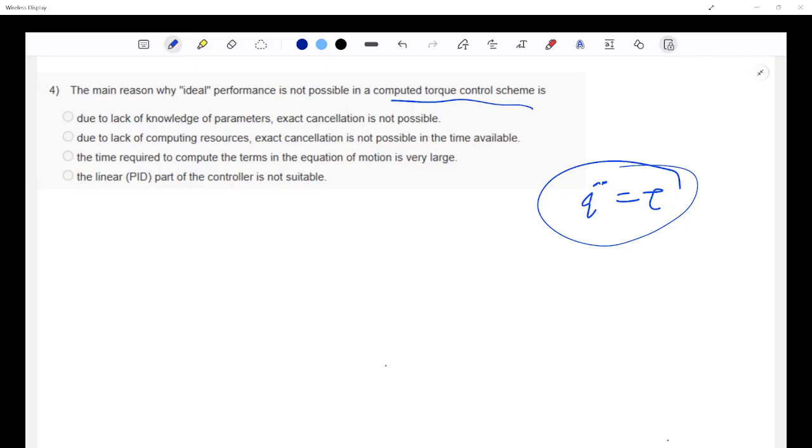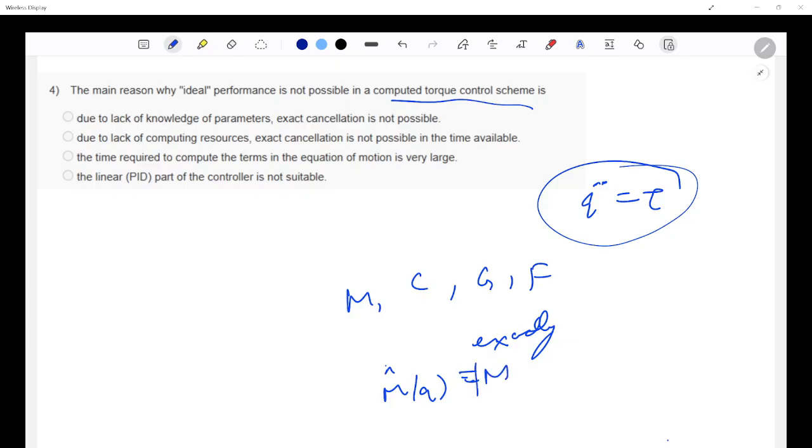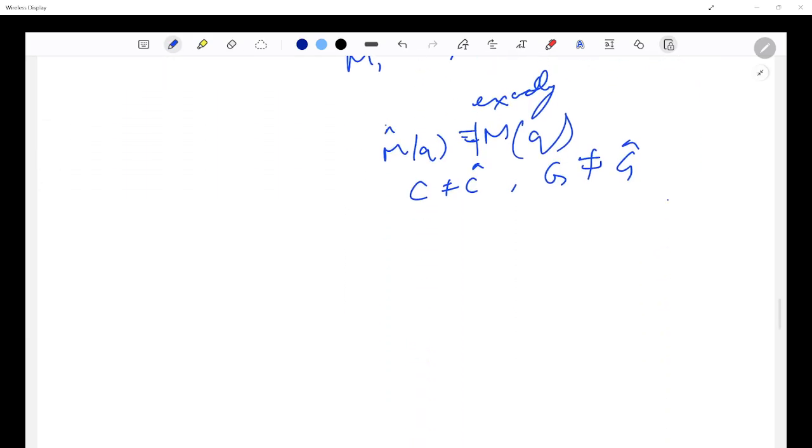But this requires the M, C, G and F matrices to be exactly known. But in practice, the matrix that you know is not equal to the actual matrix that is there, neither in terms of C, nor in terms of G. So cancellation is not exact. If cancellation is not exact, then what happens?